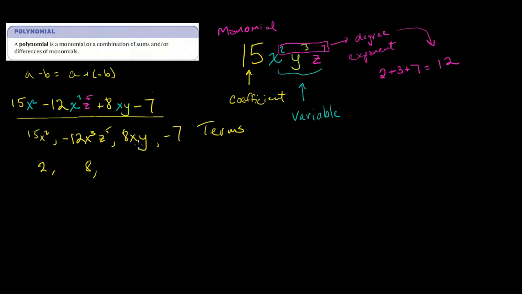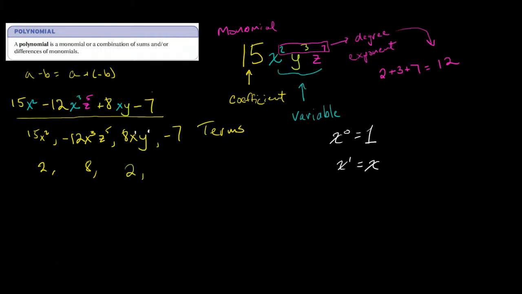Now here I don't have an exponent on the x and the y, and so when I don't see an exponent, I have to assume that there's a 1, because x to the 0 power means 1. That's our identity there. And x to the first power, any number to the first power, is that number. So here where I don't see an exponent above the x or above the y, I assume that each of those is a 1, so that's a degree of 2.